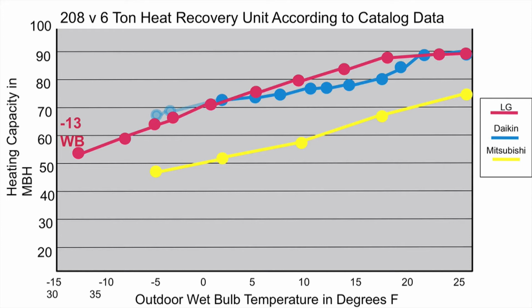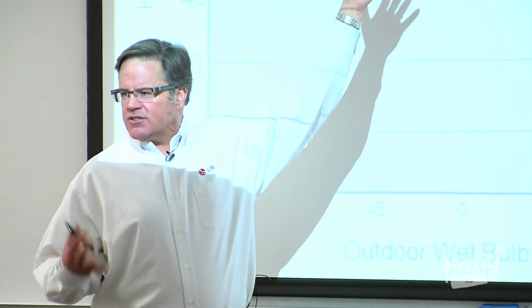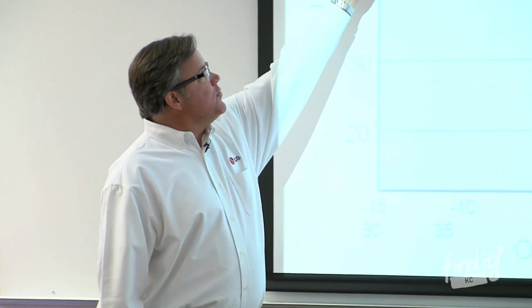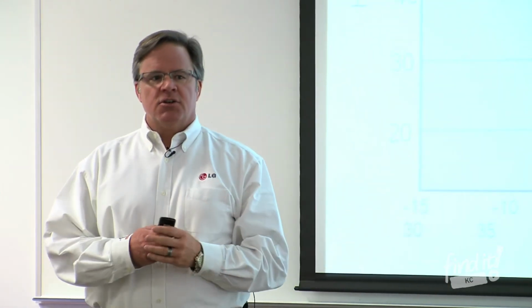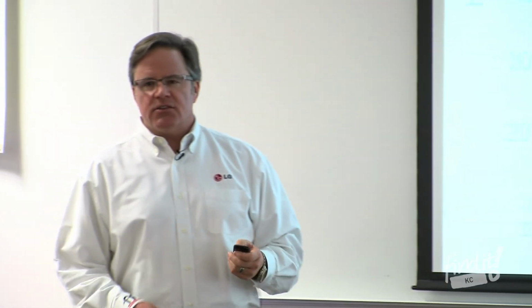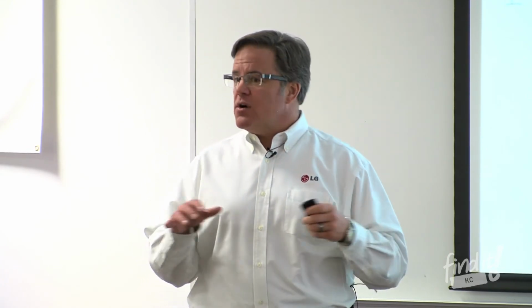And so we see, as you start to drop below that 4 or 5 degree range is where all the manufacturers start to slide off what we would traditionally think of as a 6-ton unit, and that'd be 72 MBH worth of heating. Some manufacturers do better than others, but all the manufacturers provide heating at these cold ambients. And so if the system is designed properly, it can function very well in our environment.